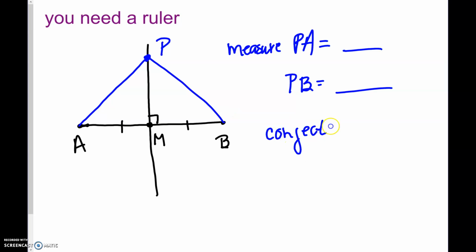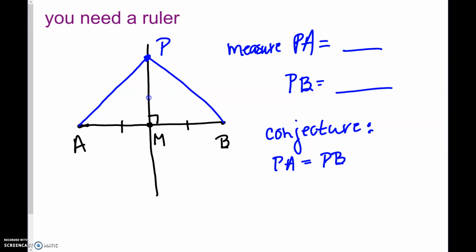What did you find out about those two things? Make sure you stop the video, do everything you need to do, and then come on back. But you should find out that PA is congruent to PB.